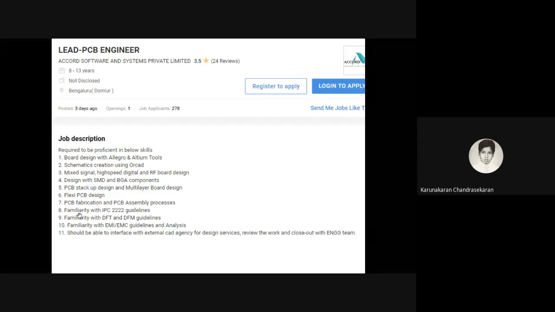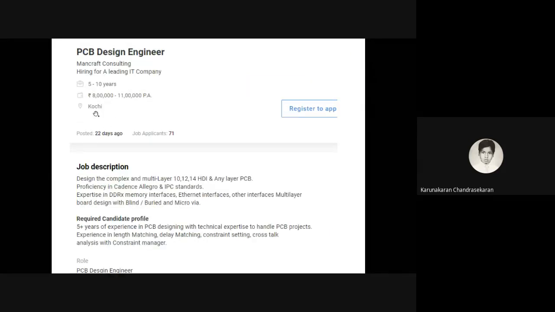You should have familiarity with IPC 2222 guidelines. This guideline generally has not been dealt with elaborately in the classroom, so that is why we enforce these regulations. Other things we generally see in classroom textbooks, but this is still missing in the academia bridging.